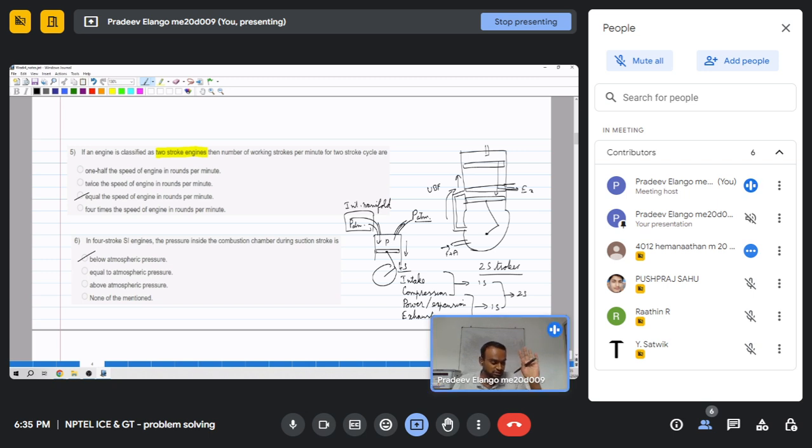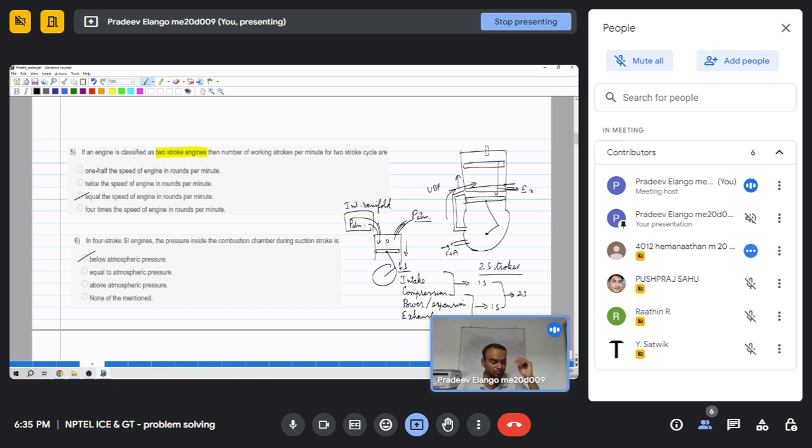The process is, during the exhaust stroke, when the exhaust gas has to be expelled outside, the fresh air-fuel mixture from the transfer port enters inside, and that pushes the burnt gases outside. So this process is called scavenging, and during this process some air-fuel mixture will also get mixed with the exhaust gas and then go out. So that unburned fuel is lost in the exhaust port, without any useful energy output.